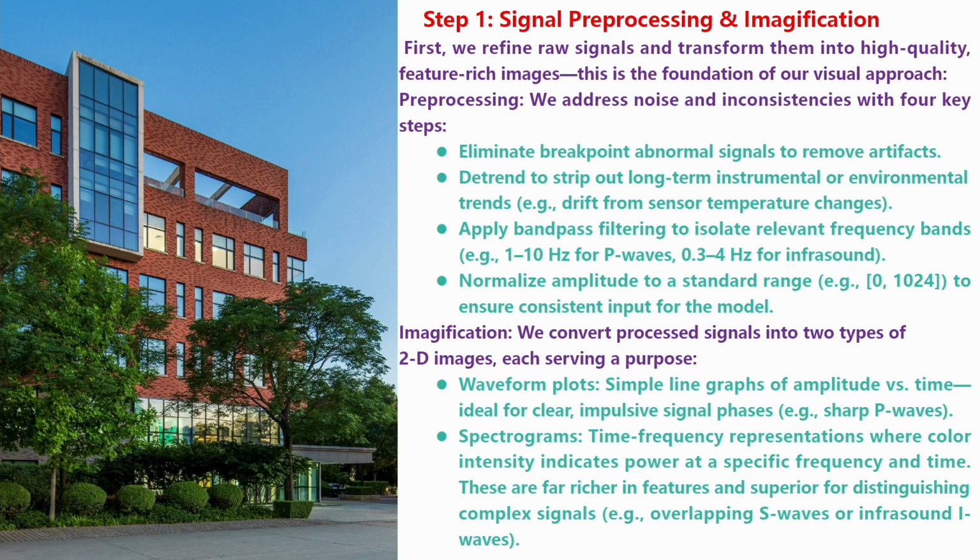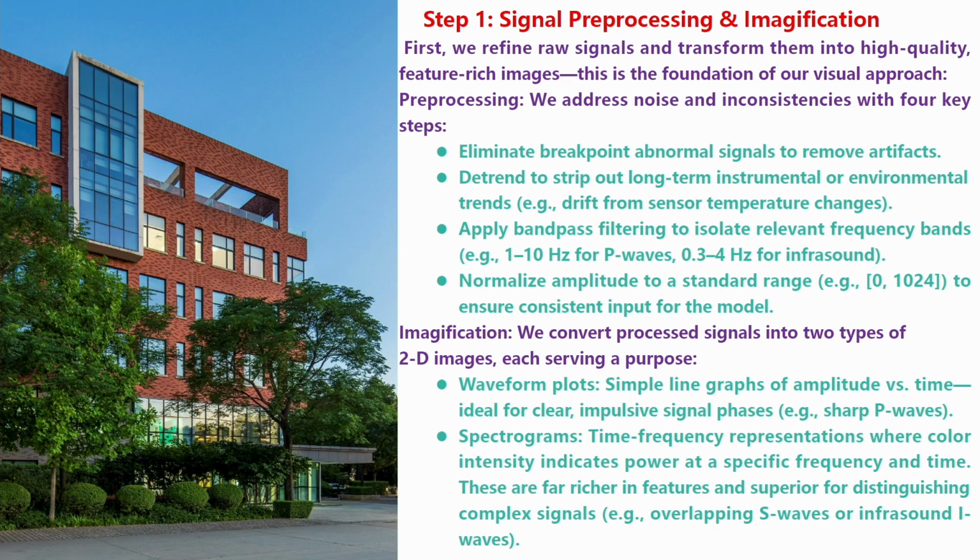At the pre-processing stage, first, we eliminate the breakpoint and detrend the signal to remove experimental or environmental trends. Then apply the bandpass filters. At last, normalize the signal because one image has limited width and height.